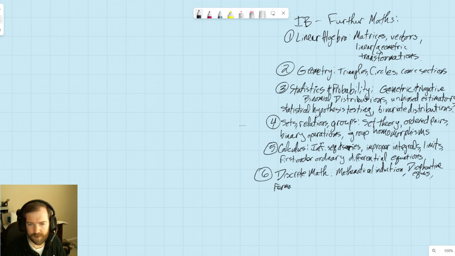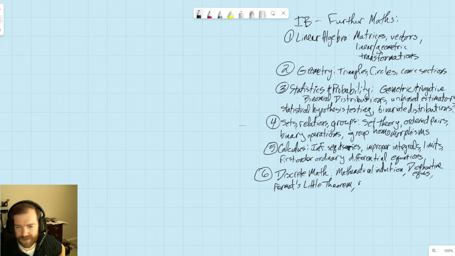Fermat's little theorem. Oh man, that's getting into the weeds a little bit there. Route inspection problem. Nice. Now, without me knowing exactly what that is, and recurrence relations.